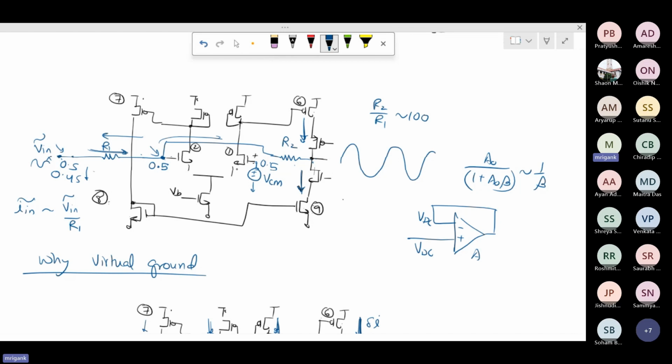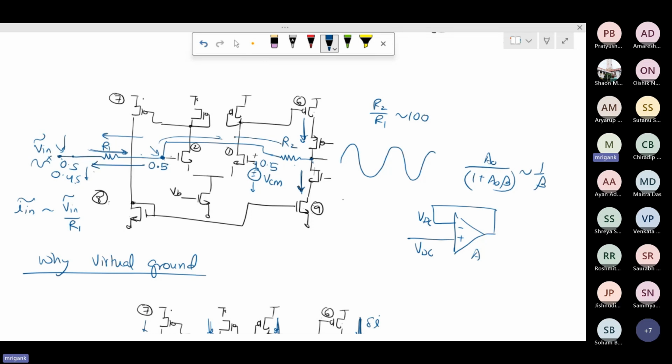That may lead to saturation of the amplifier. Even a small difference in the DC level here and here may create saturation in the amplifier. Saturation means that a small difference in the DC level leads to a DC current flow, which may lead to the output going completely high or completely low, depending upon the direction of current flow. For example, in this case, the input side DC is slightly lower, 0.045 slightly lower, and the current is flowing in this direction initially.